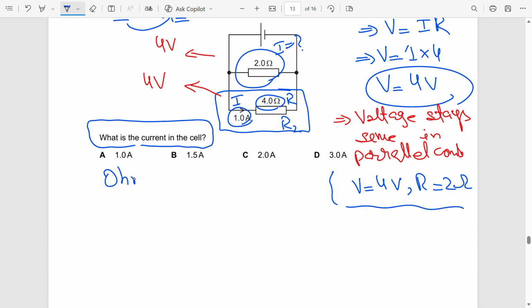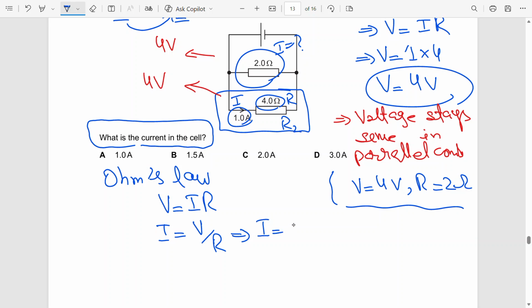Ohm's law, V equals IR, and what do you need? I need current, so I equals V divided by R. V, the voltage, is 4 volts, and the resistance is 2 ohm. So I equals 4 divided by 2, which gives you 2 ampere. Is this the final answer?